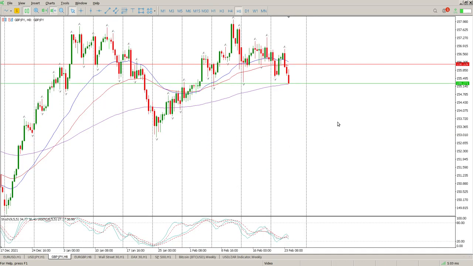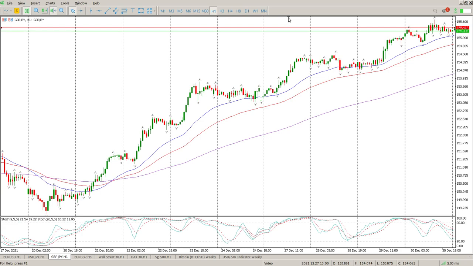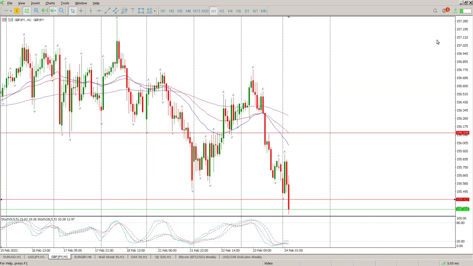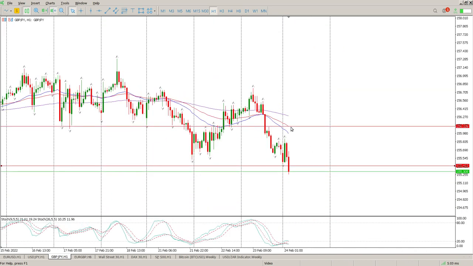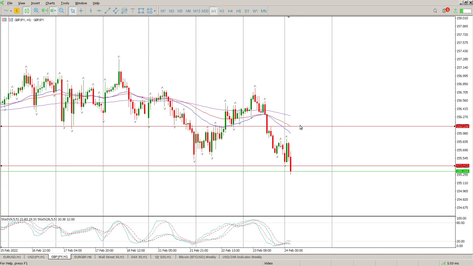Moving on to the British pound, Japanese yen. Kind of one-way traffic at the moment. We are at a level of potential support, and that is right over here. So the big question is whether we break through this and flip it into resistance. If we get down to the 1 hour, you'll see a little bit of structure here, and I just want to get this level.